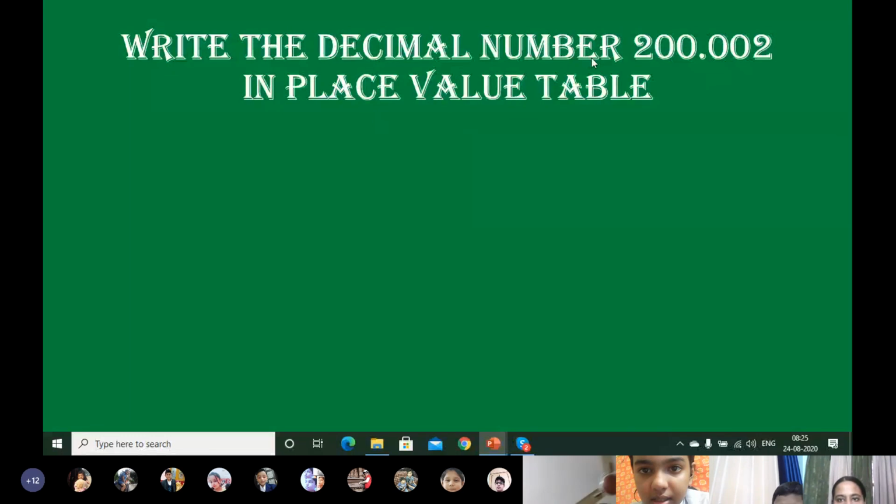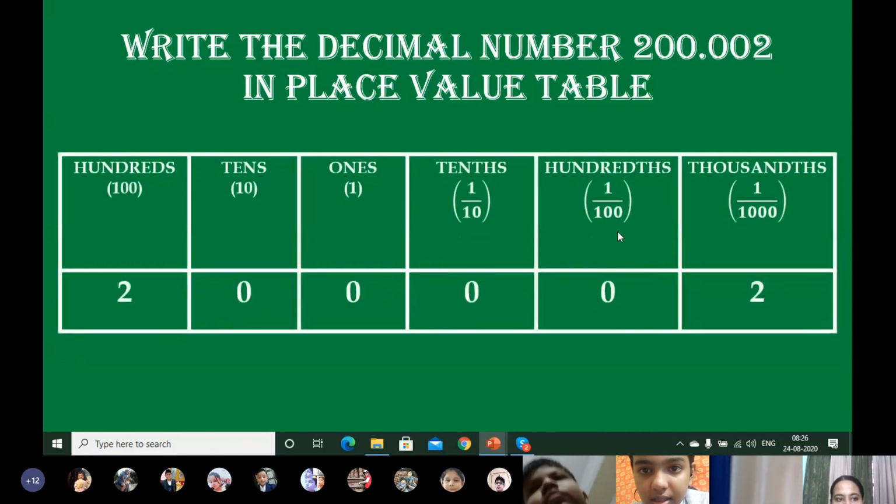Now we have to write this decimal number in the place value table. Please students copy this one. I'm showing you, copy this one. For the place value table you will make a table like this. Copy it in the rough register; this type of table is also given in your book.